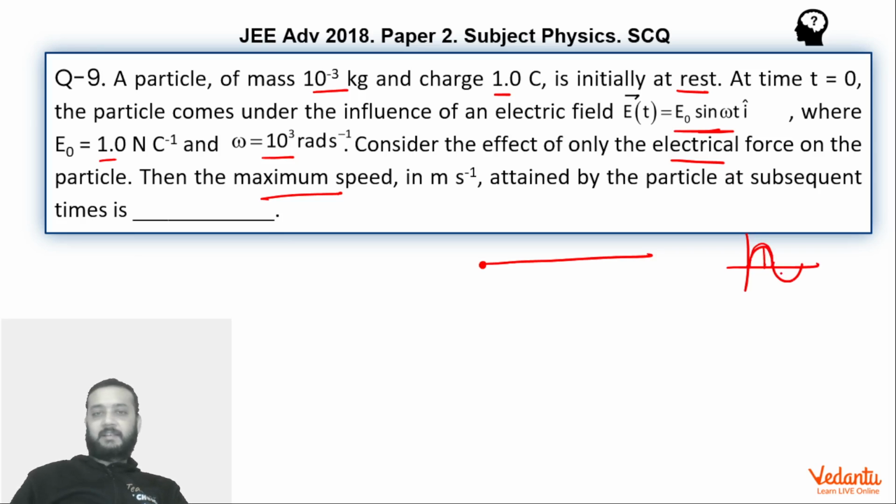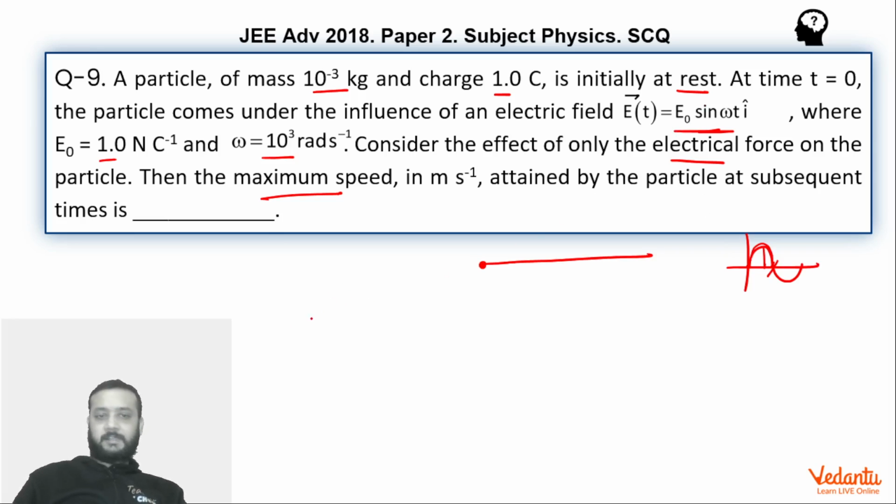After that sine theta will become negative, and hence we can say that till the moment omega t becomes pi, the force was positive. After that the force would have become negative for some time and again it will become positive. Sinusoidally it is repeating. So we have to find the maximum speed, and we have realized that the maximum speed will occur when the value of omega t becomes pi.